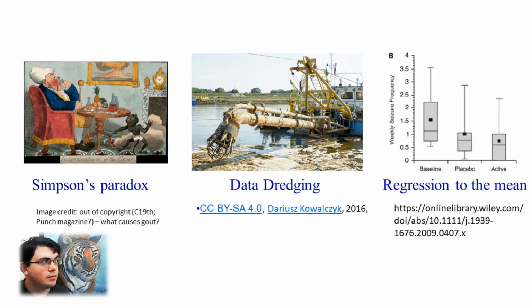In episode 2 on data dredging, we have a different situation. Because here there is an action which actually has no effect, and we're not worrying about wrongly identifying the reverse of the true effect. Instead, we're worried about wrongly concluding that there is some effect at all.